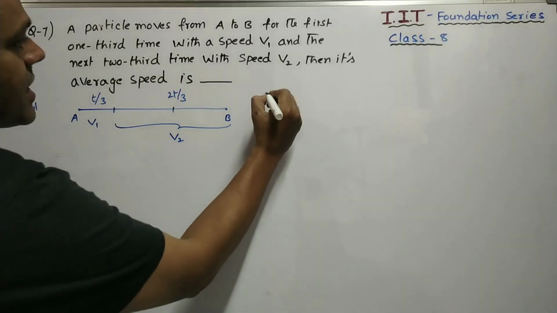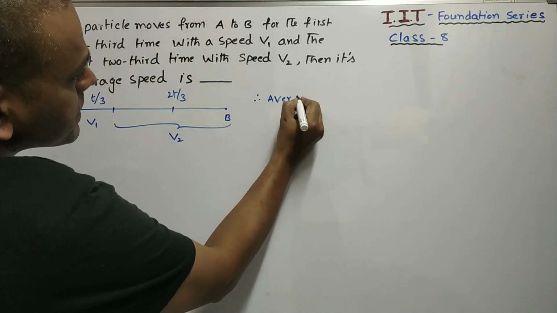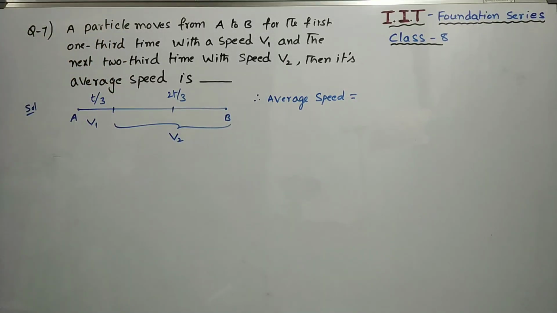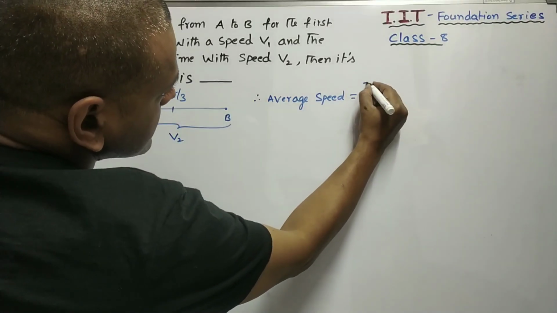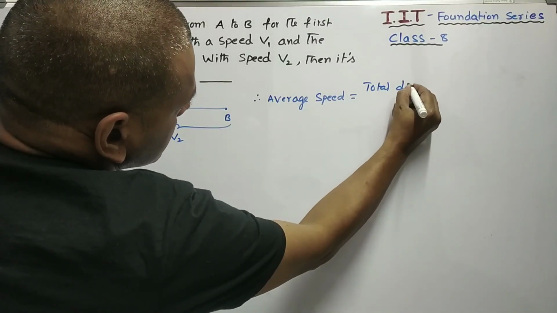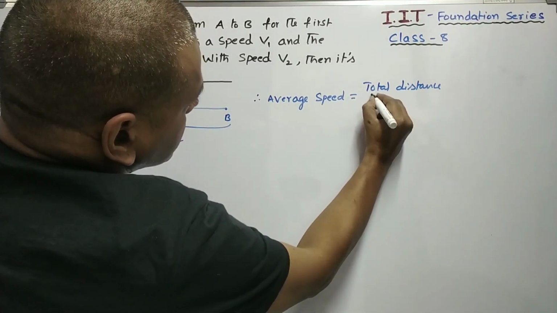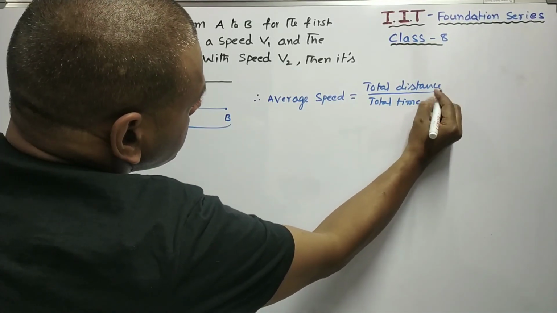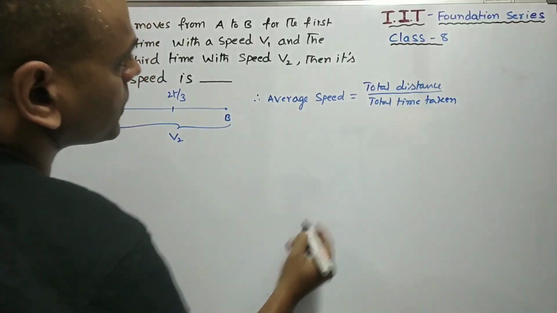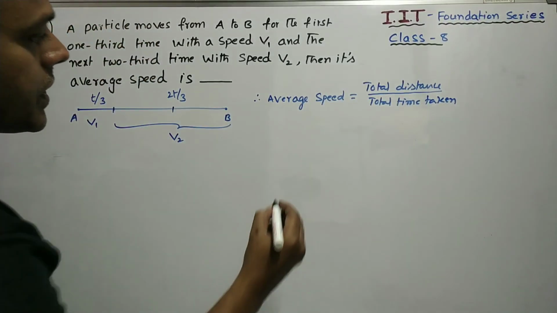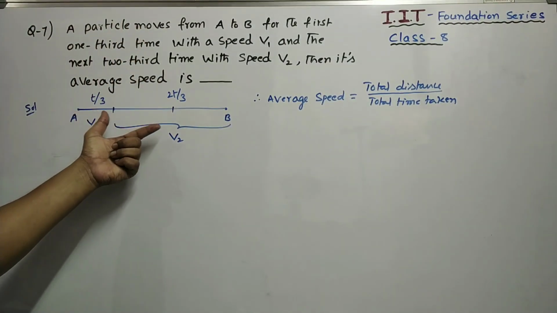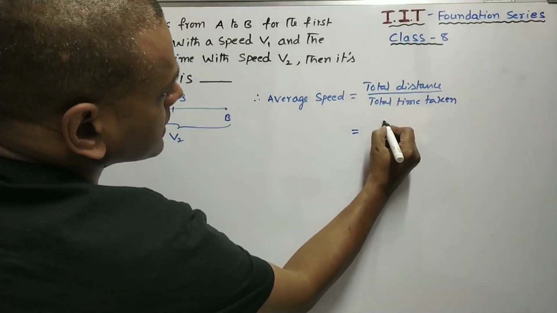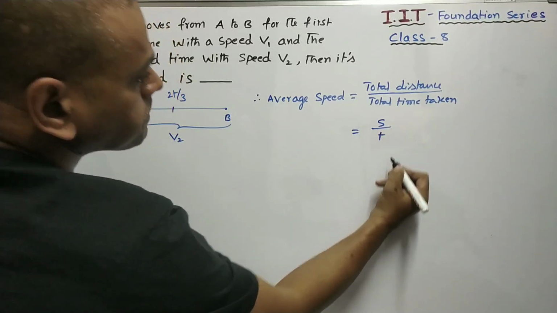Then, average speed. Average speed is equal to total distance covered by total time taken. Here the distance is not given, so the entire distance s, divided by total time t.